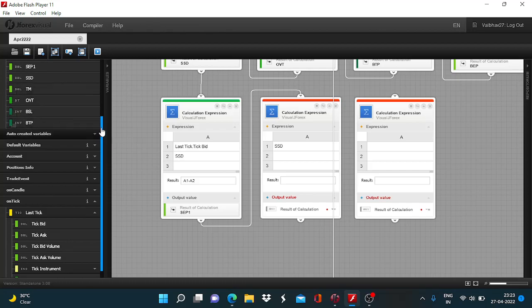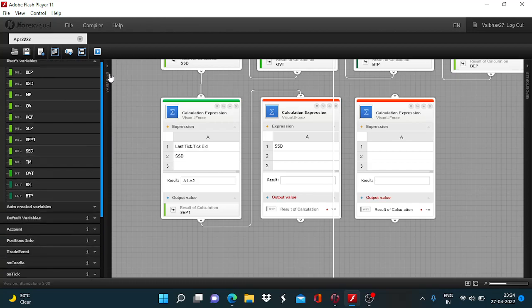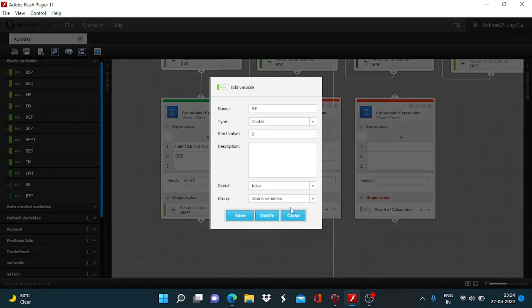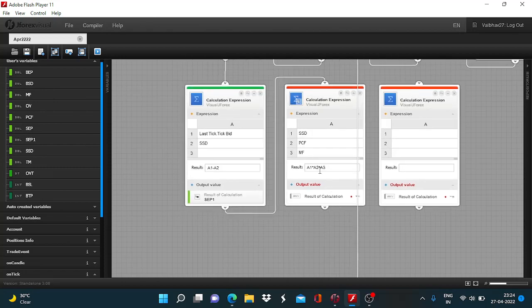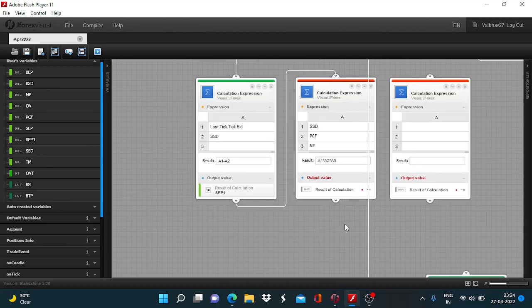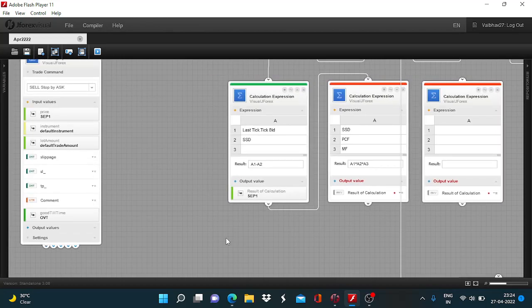So I will now multiply it with conversion factor and multiplying factor 3. So this will be A1 into A2 into A3, and this will be our stop loss.